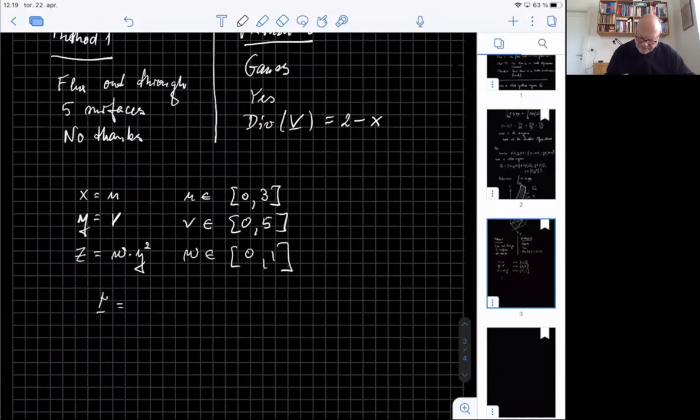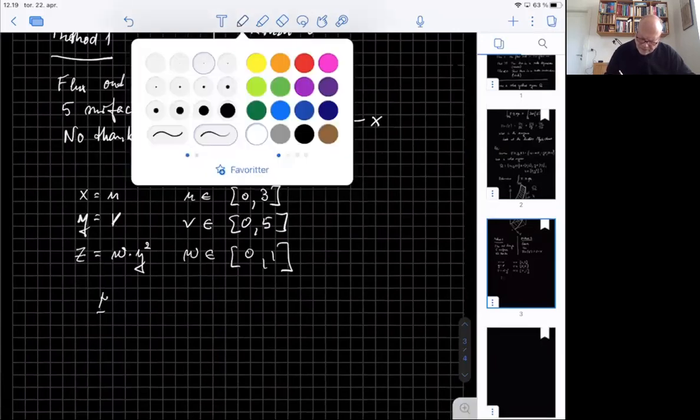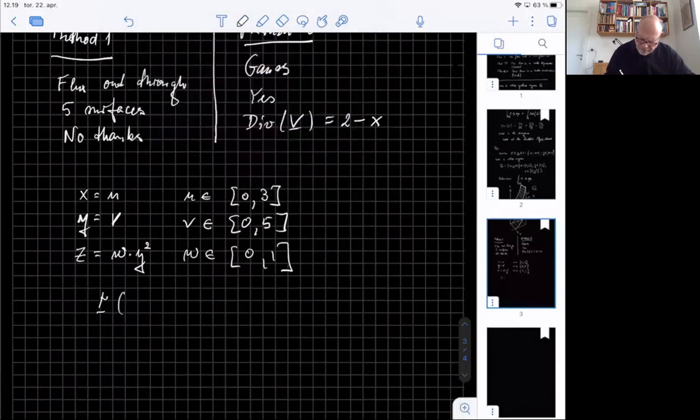It's a function of u, v, and w, and it is equal to u, comma v, comma, w times v squared.